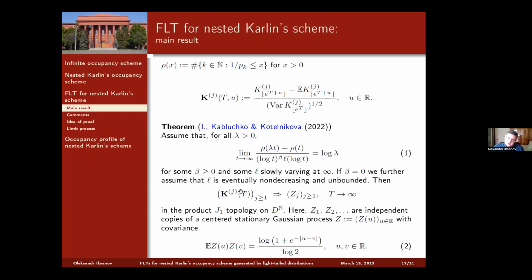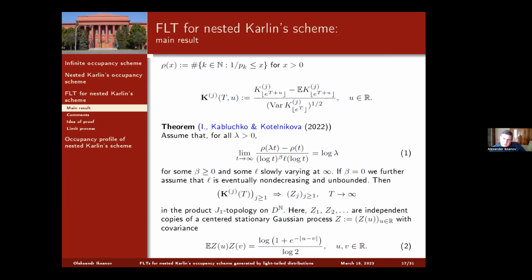The limit process for one generation, that is just for one coordinate, is a centered stationary Gaussian process with covariance given by formula 2. Furthermore, for different generations, these processes are independent and identically distributed.